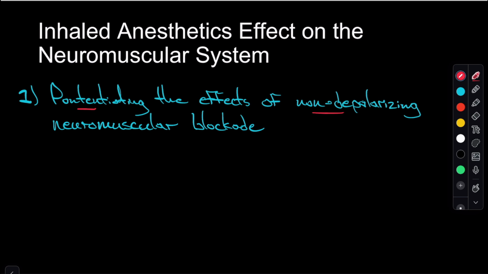So the volatile anesthetics seem to antagonize the neuromuscular junctions, just like rocuronium or vecuronium can. There's some evidence that inhaled anesthetics can also decrease acetylcholine release from the presynaptic nerve terminals as well. It's not super clear, but this effect of increasing the effect of the paralytics is well established.